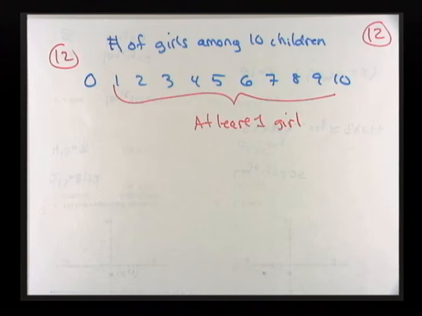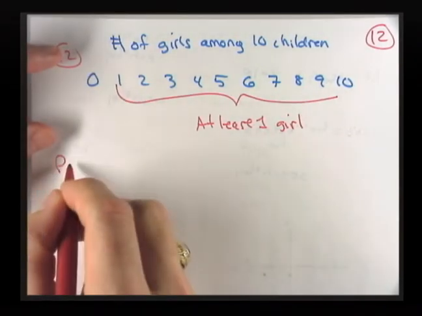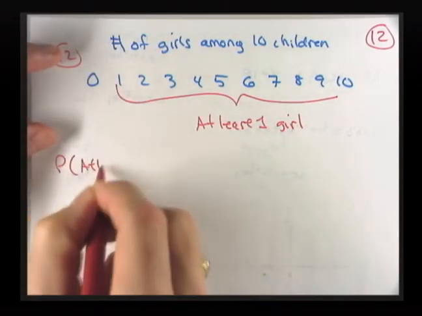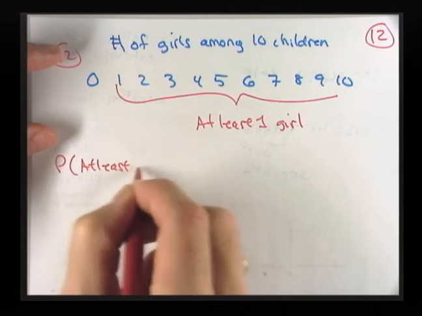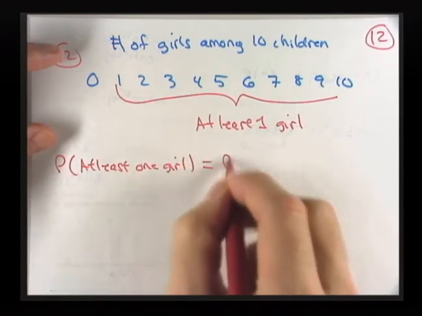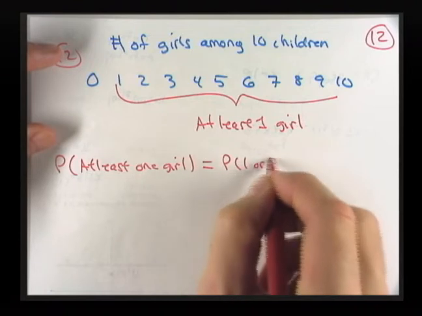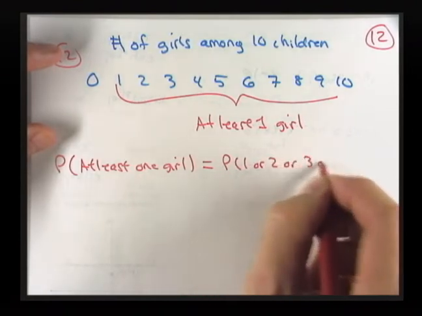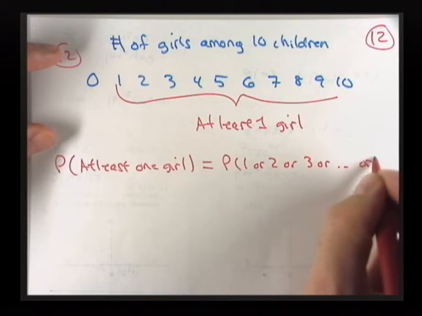So if you wanted to calculate that probability of at least one girl, then it'd be the probability of 1 or 2 or 3. Wow, there's got to be a better way.